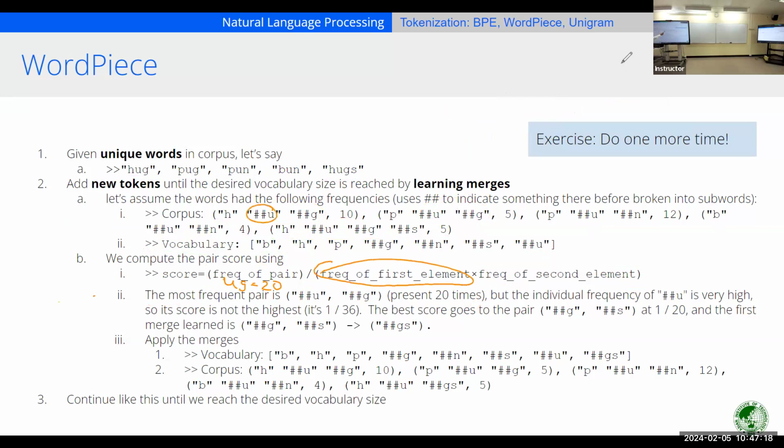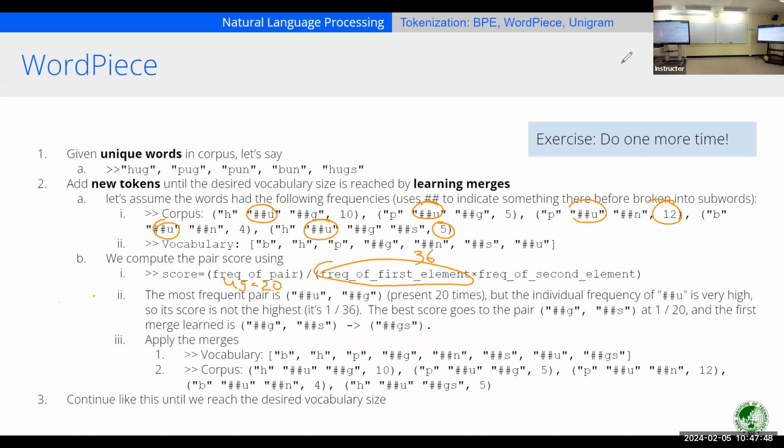U is 10, U is 5, and U is 12, right? And how much is that? U is 5. Yep. So how much total? 36.